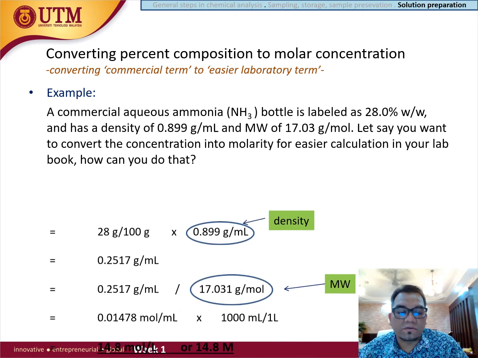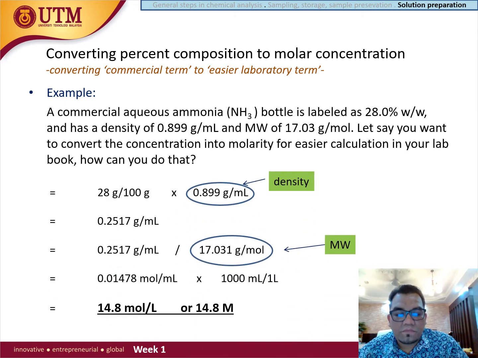How can you do that? So the first one, the weight percentage, 28%. So 28 gram of solute divided by 100 gram of solution times the density. We need to multiply by the density first, because the density is given there. So we have 0.2517 gram per mL of the ammonia.